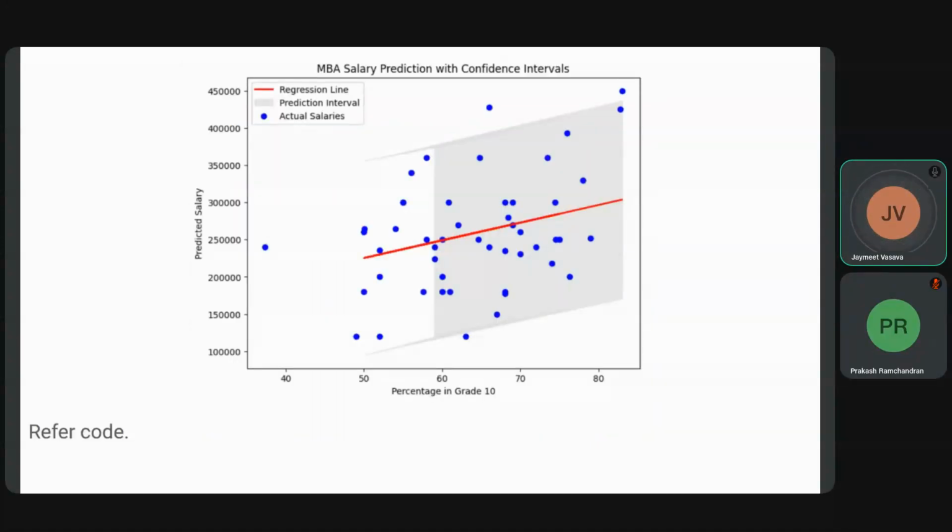And in the end, when we plot the graph, this is how it looks with the regression line fitted to it. After the model has been fitted, we can use the regression line, and this is how it looks.